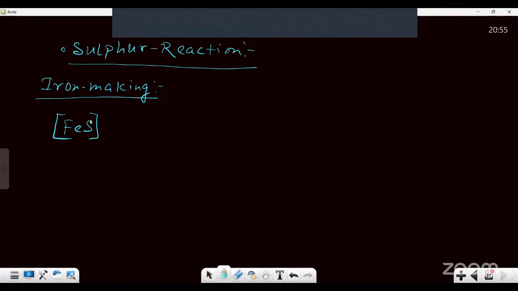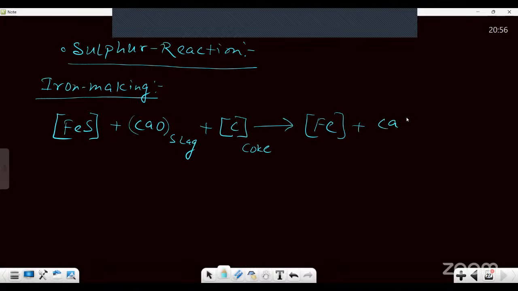If I give iron sulfide, we have to add CaO in the slag, and iron making process means there has to be carbon, carbon from the coke, which is giving us the reducing atmosphere, and you will get Fe plus CaS plus CO. So the calcium oxide will fix up the sulfur.